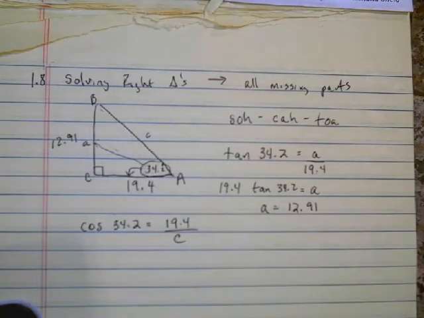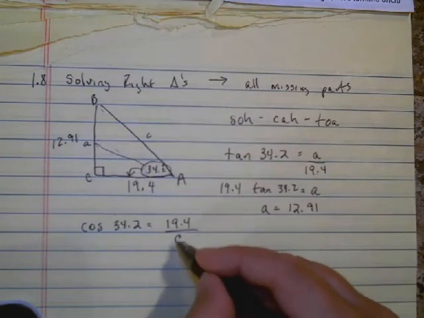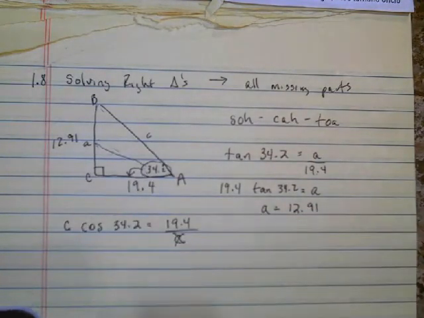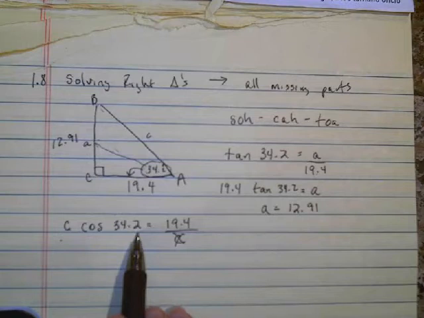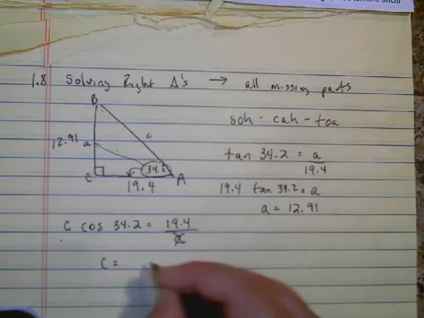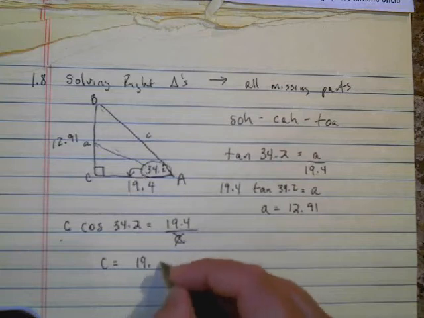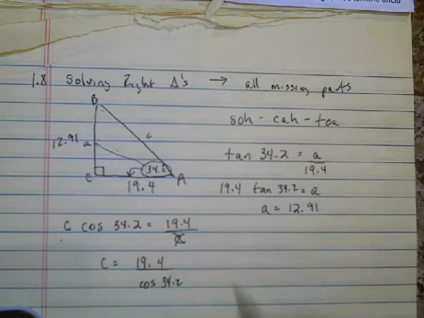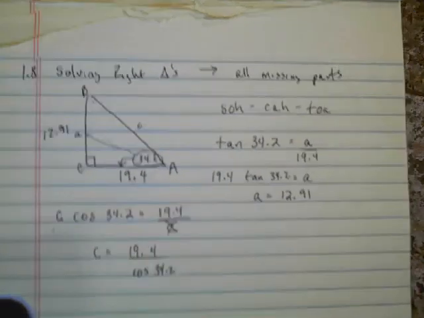Now, this time I'm solving for C, and C's in the denominator, so it's a little trickier. I want to get the C out of the denominator, so I'm going to multiply it times this side. So I have C times cosine 34.2 equals 19.4. So to solve for C, I've got to divide both sides by cosine 34.2.